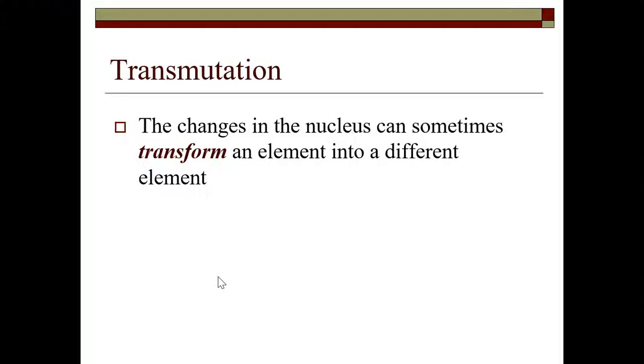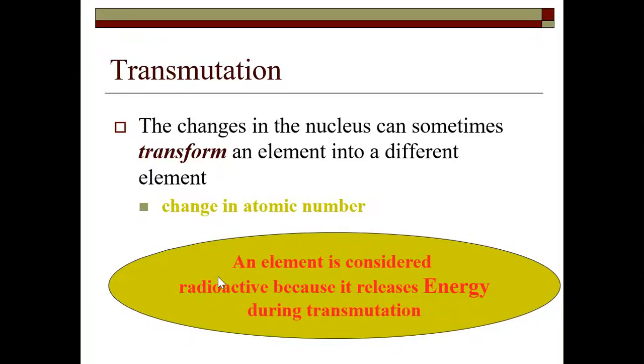These 3 lessons on radioactivity and radiation revolve around the fact that you're going to have elements that change identity, because they change the number of protons in their nucleus. If an element undergoes a transmutation and it releases energy, then that's considered to be radioactive. It releases energy during that change.